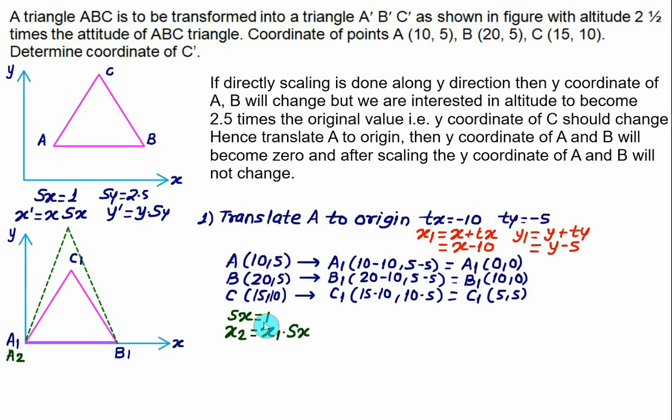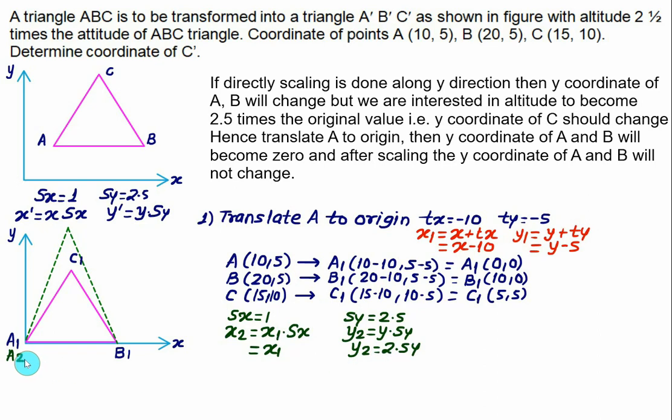So multiplying by 1 doesn't change the coordinate. Similarly, we'll use sy equal to 2.5. So y2 is equal to y into sy. That is, x2 is x1 into 1, and y2 is equal to 2.5 times y.